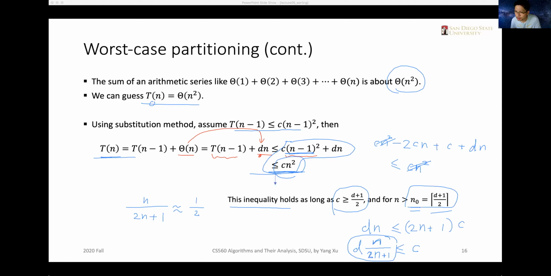Oh, it should be 2n minus 1. Okay, so this one should be 2n minus 1. Yes, so here it should be 2n minus 1, and also 2n minus 1.